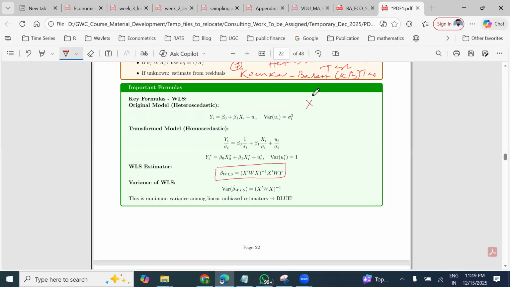Usually for the OLS estimator we write X transpose X inverse, X transpose Y. We usually estimate beta hat in the matrix approach. Don't be afraid. The matrix approach is much easier, but I have not introduced it. I will explain it one day.